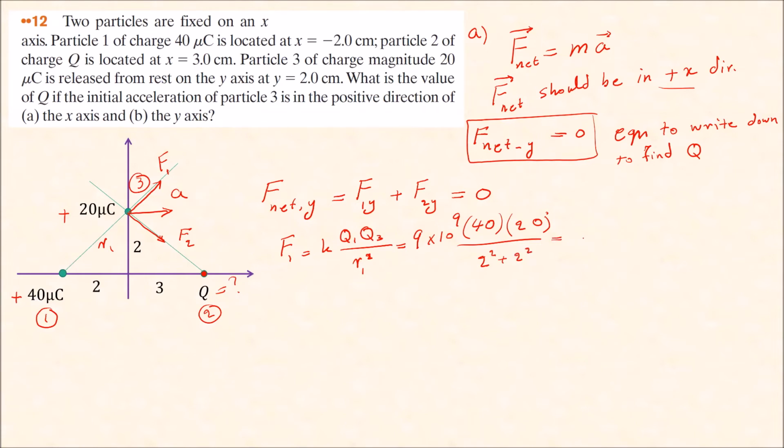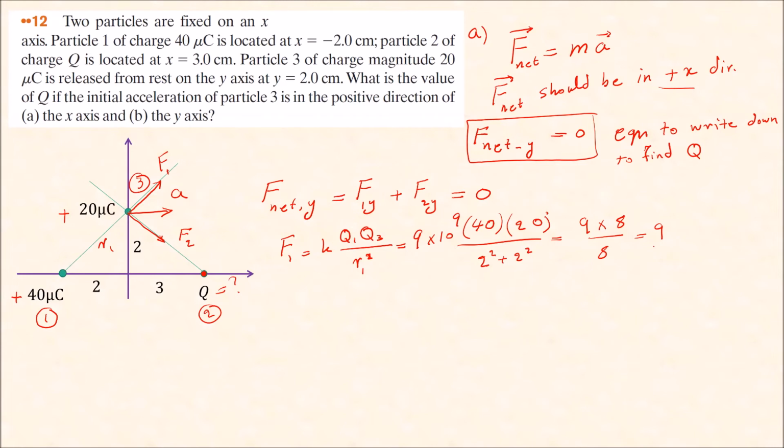I didn't put everything in correct units because the units will cancel. So 9 times 8 divided by 4 plus 4 times 8, this is 9. It's in some units.